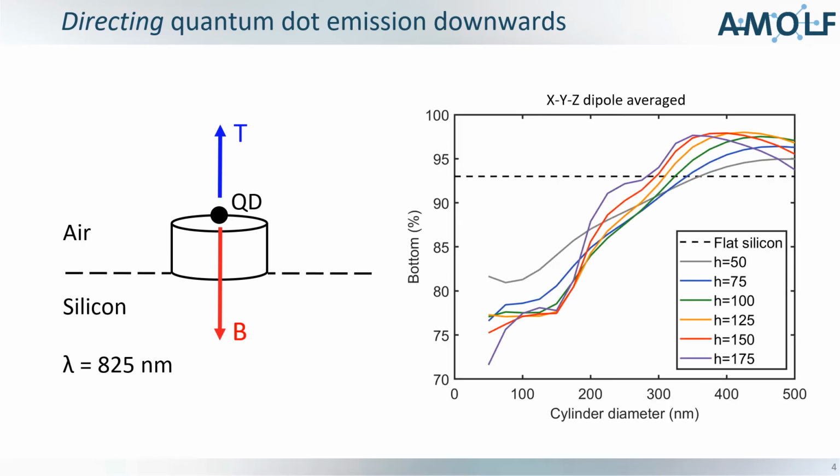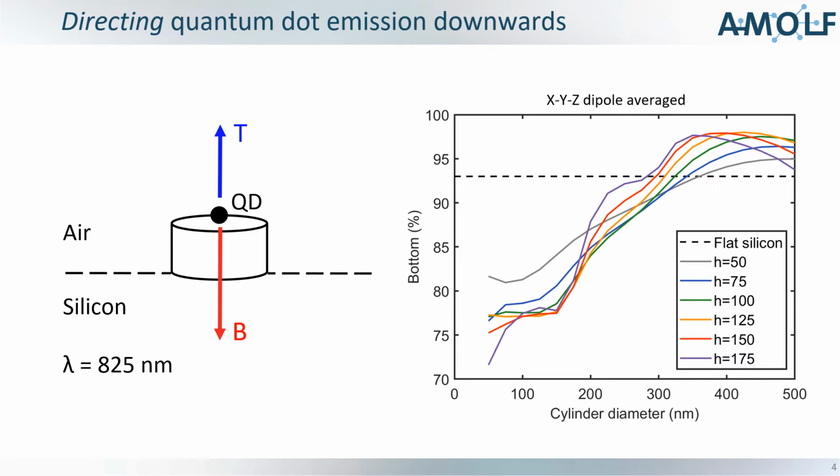And if we sweep the diameter on the x-axis and the height in the legend, then we find these spectra that show how much light is going towards the bottom. There is a dashed line which indicates the 93% that we saw on the previous slide, which is the benchmark that we have to beat.